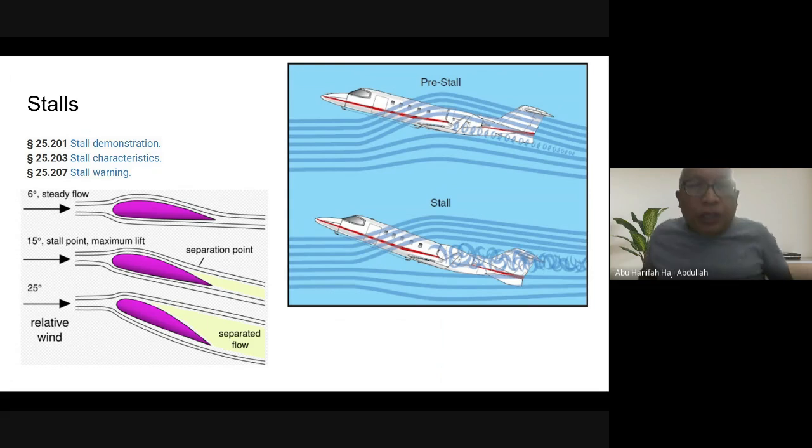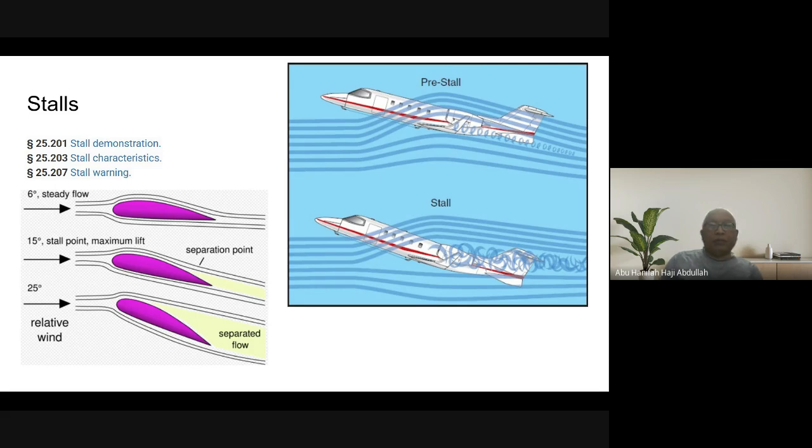For stall characteristics, you also need to see what happens in a stall. When I was working for the Eagle, when they redid the wing, when we flew and stalled, one side of the wing dropped. If we allow that to happen, the aircraft may go into a spin. That's why we delay the separation, because the problem is separation. We delay the flow separation by installing vortex generators and boundary layer fences.